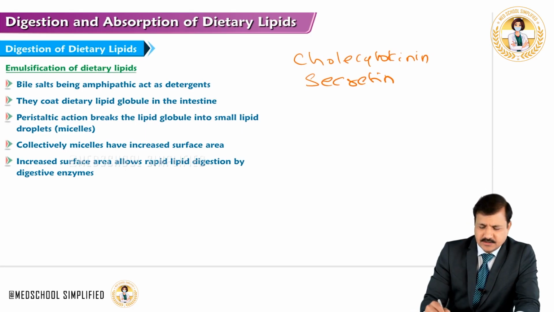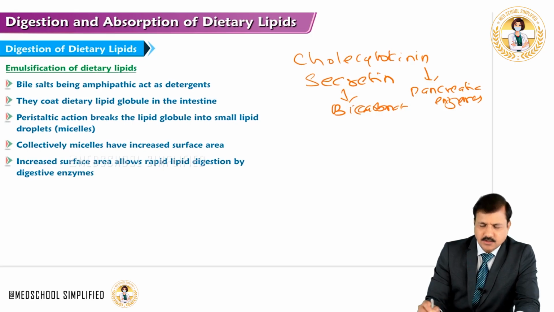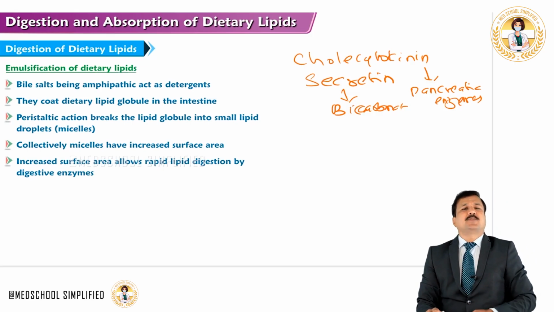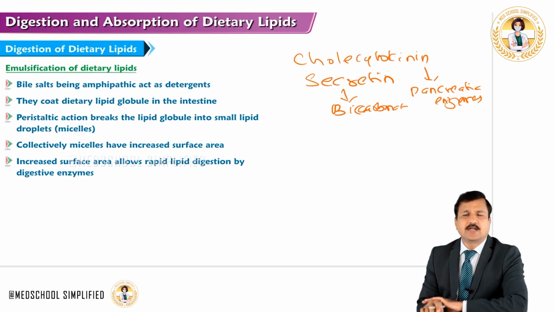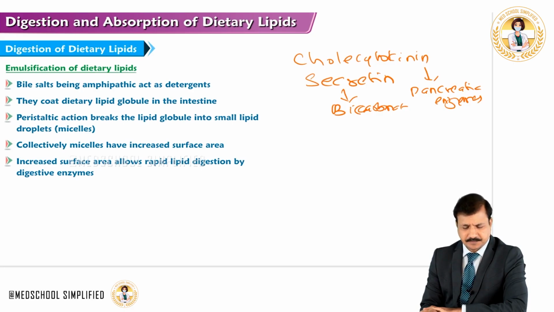Cholecystokinin brings pancreatic enzymes, whereas secretin will bring bicarbonate. The pancreatic enzymes participate in digestion of dietary lipids, proteins and carbohydrates, whereas bicarbonate is going to neutralize the acidic content that got into the small intestine from the stomach.